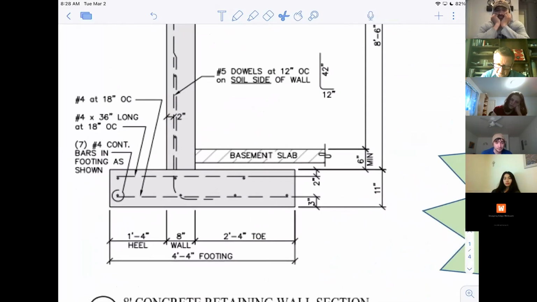Notice 2 feet 4 inches from here to here. So that's 28 inches. And that's the distance to what this engineer called the toe. And then there's 8 inches for the wall. And then there's 1'4", which is 16 inches for the heel.